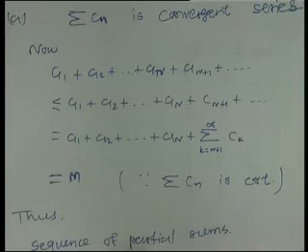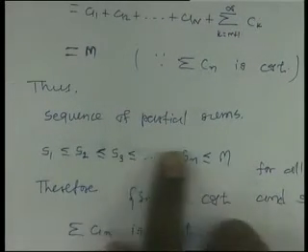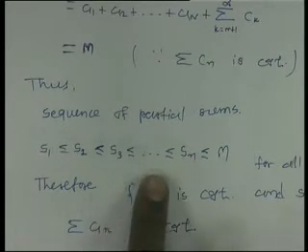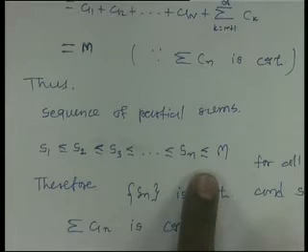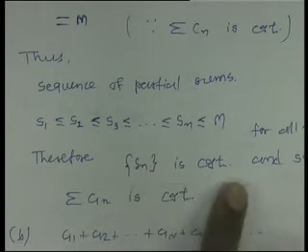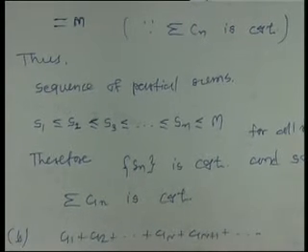Therefore by the last theorem we can say that this series is convergent, right. We can see here the sequence of partial sums s1 less or equal to s2 less or equal to s3 less or equal to sn less or equal to m for all n, right. And therefore Sn is convergent, and so sigma an is convergent, right.